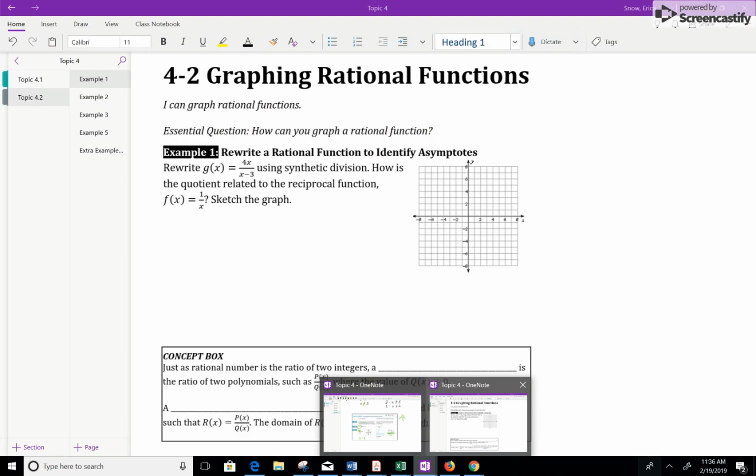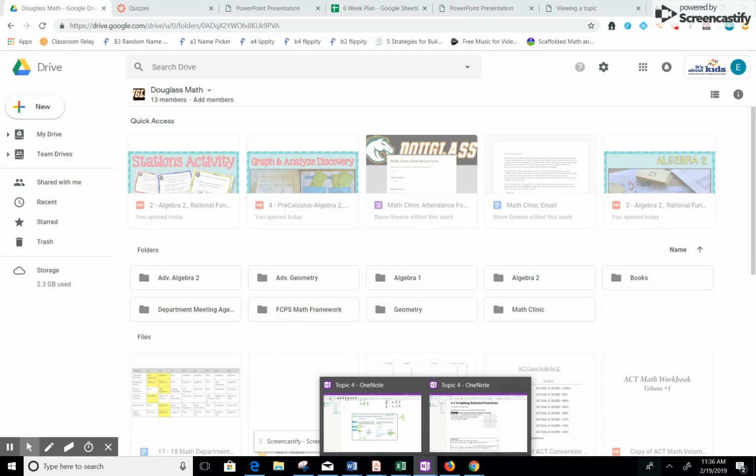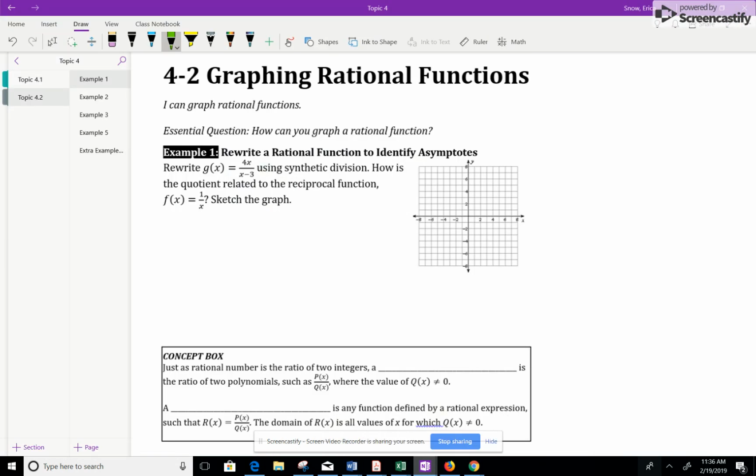Hello, we are here today in our section 4-2. We're going to talk about graphing rational functions. Now, we talked about graphing the inverse function, and our inverse function, if you'll recall, had those asymptotes at y equals 0 and x equals 0.